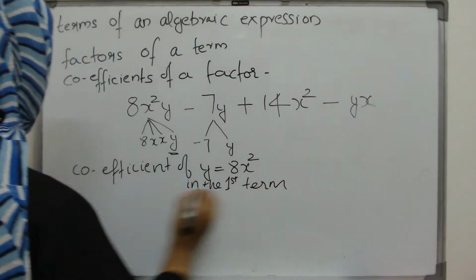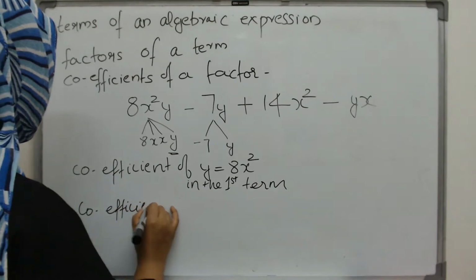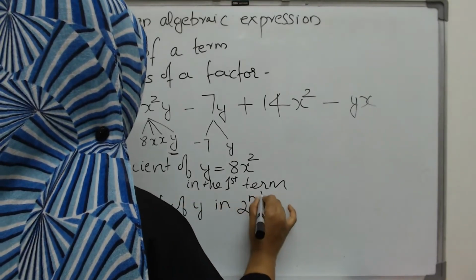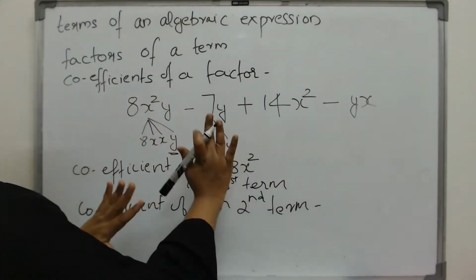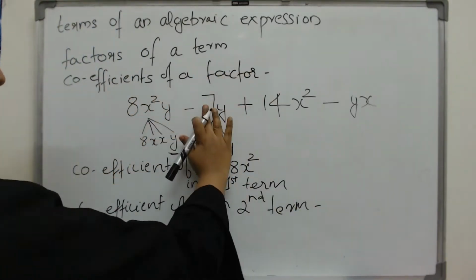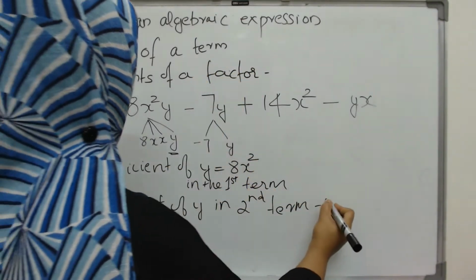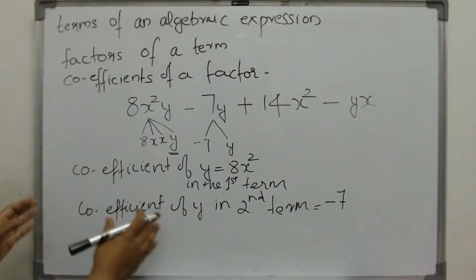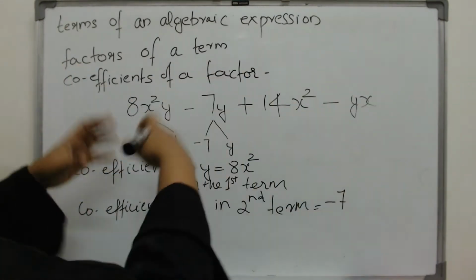Now, what is the coefficient of y in the second term? Leave out y and whatever else comes, that is the coefficient of y. So if you leave out y, you have minus 7. So a coefficient of any factor is the other factors which come with it.